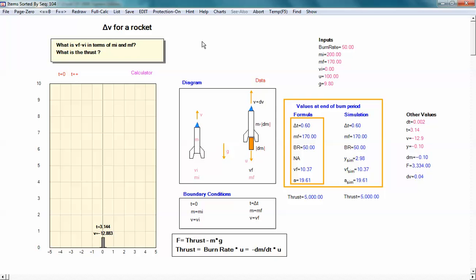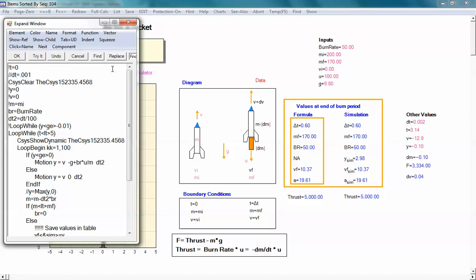Now, why does that make me more comfortable? Well, if we look at the simulation, the crux of it is up here in this action button, and there's a lot going on here, but here is the essence of it.